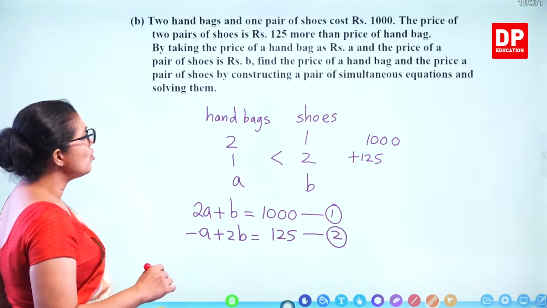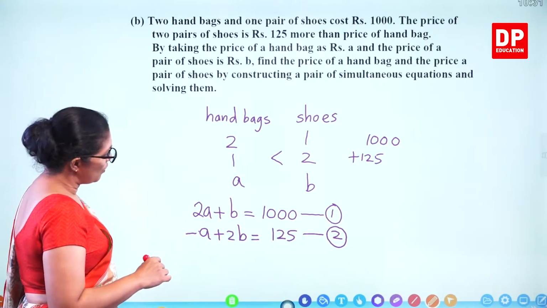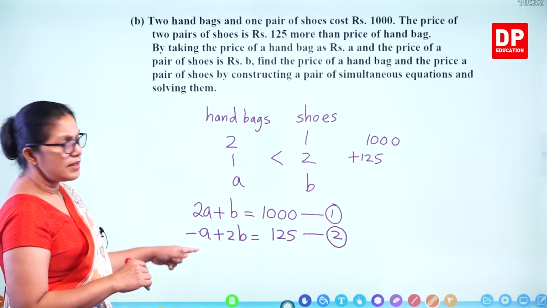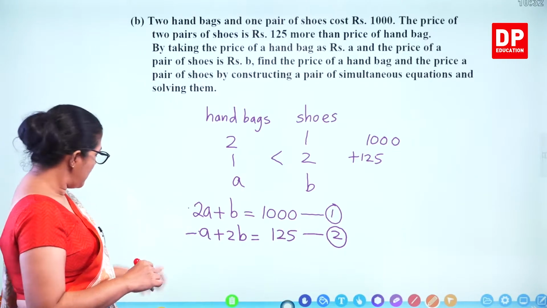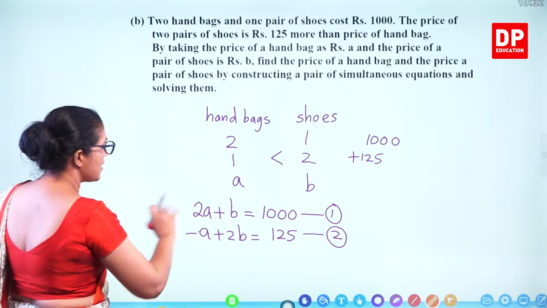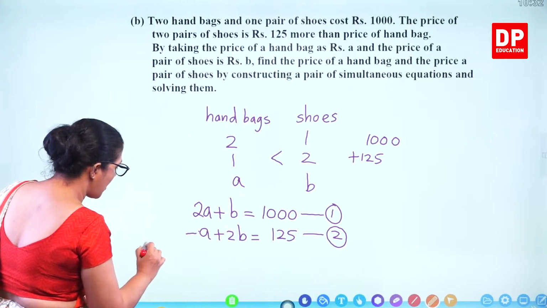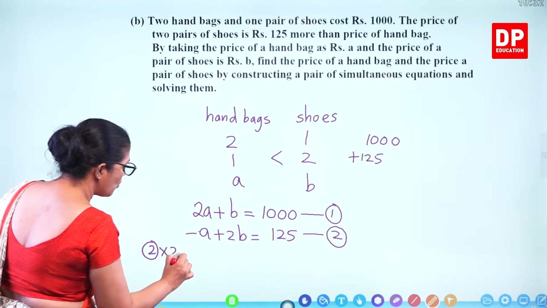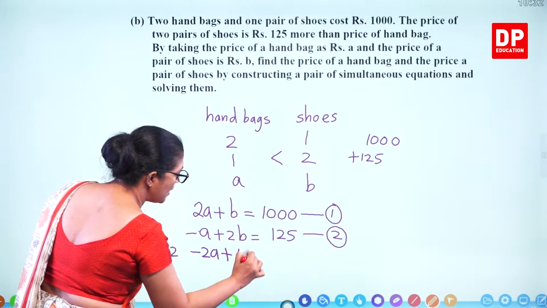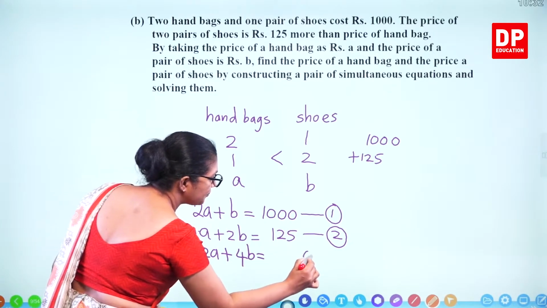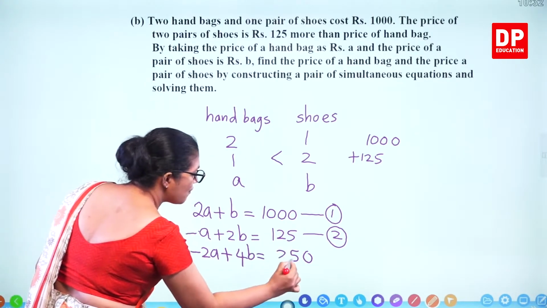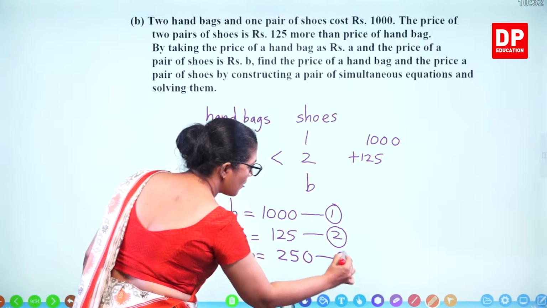Now you need to solve. What we can do? We can multiply this by 2 and add it because different signs you can add it, a get cancelled out. So first thing I can multiply 2 by 2, minus 2a plus 4b equals 250. That's my third equation.